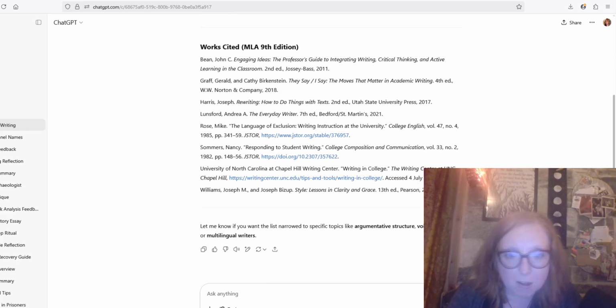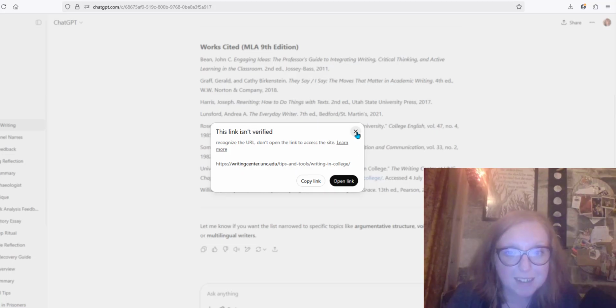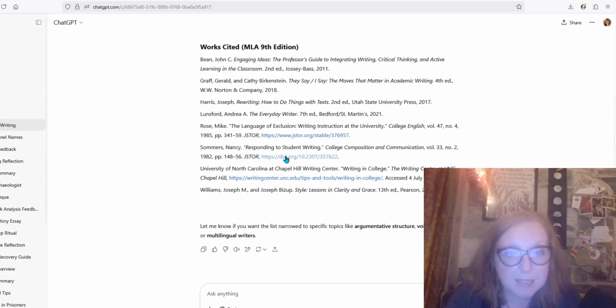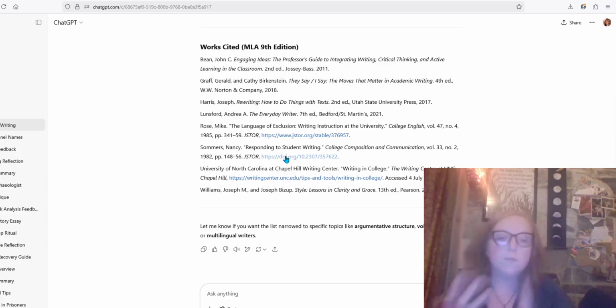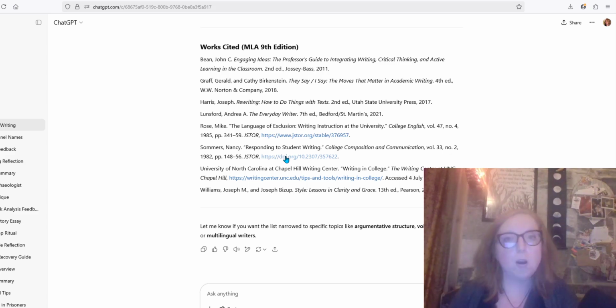However, somewhere in here, I can almost guarantee there's going to be at least one hallucination, and that means a made up source, or it will deliver information that is true but connect it to a source that is not true. So when you are tempted to use AI, you need to vet it, you need to check it, and above all things, you need to cite it.